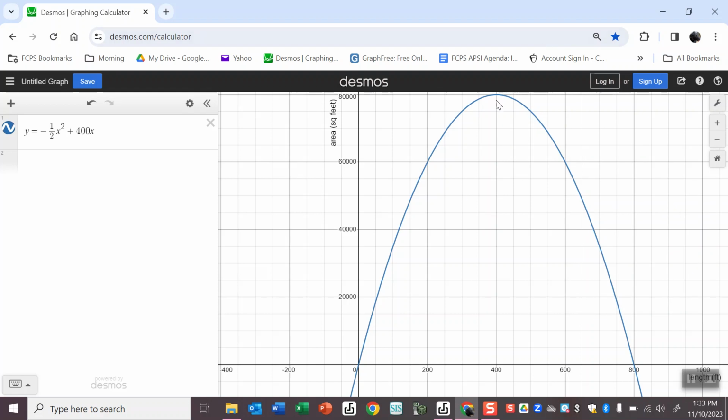And my top point is 400, 80,000. All right, so remember that 400 is my x value, so that's my length. And then the 80,000 is my maximum area, right?